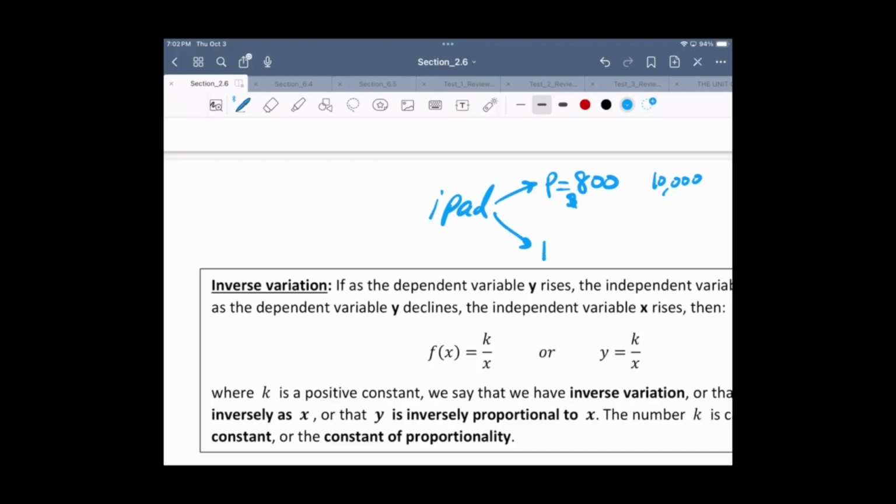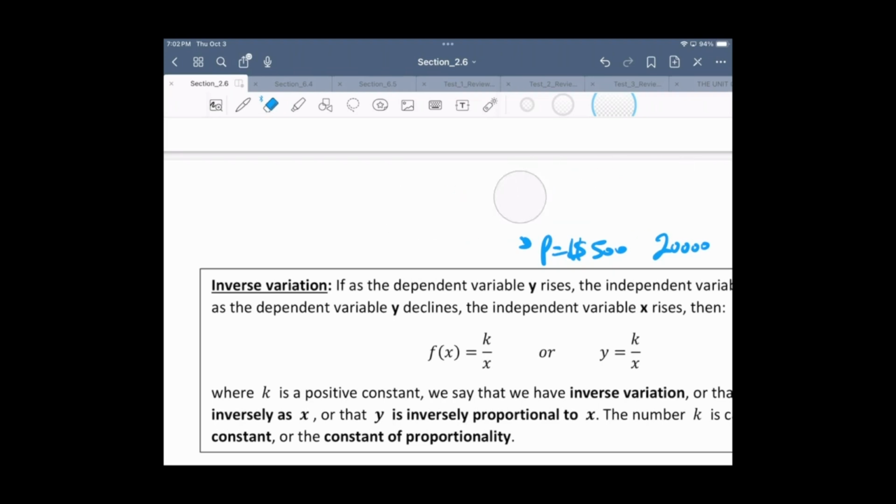But if you reduce the price to $500, of course the demand is going to go much higher, maybe $20,000, maybe $30,000. But you know and I know that if the price of iPads drops, the demand will skyrocket. So that's another example. Demand and price always have an inverse relationship with each other.